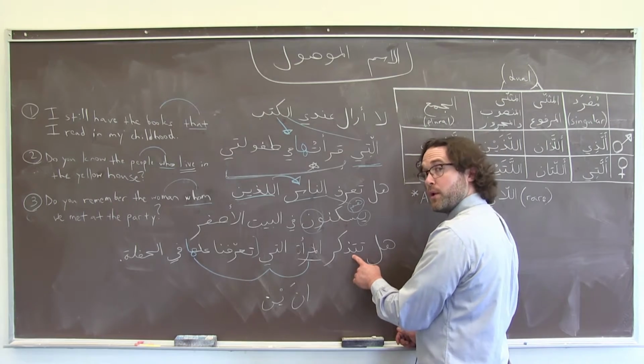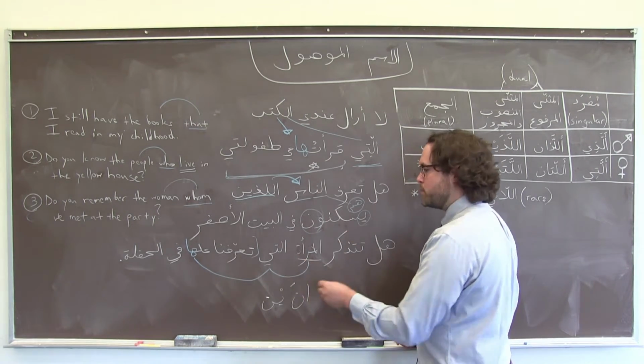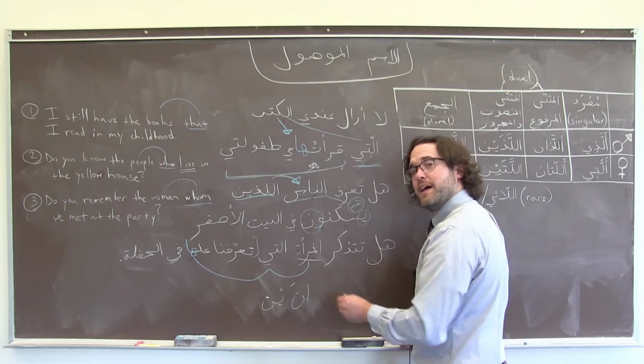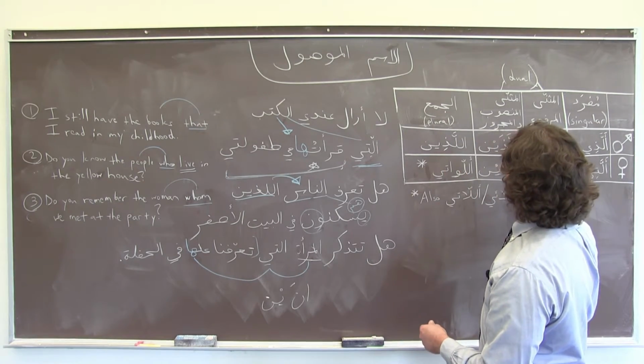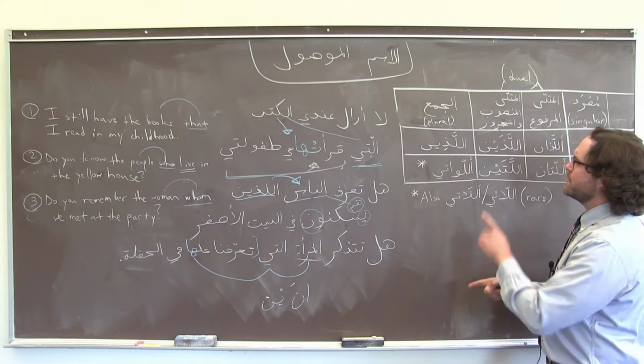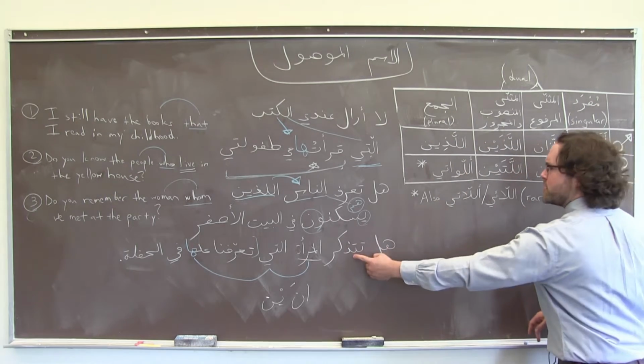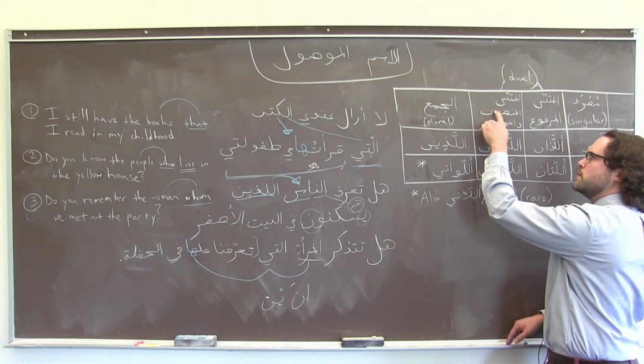Here, we're remembering the two women, right? So they're going to be the direct object of this verb, tatadhakkar, and therefore they're going to be mansub. This is a little bit tricky, the order of operations, but bear with me. Okay, I know that the two women are the object of this verb, which means they're mansub.